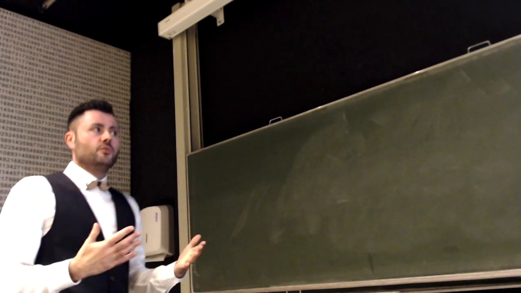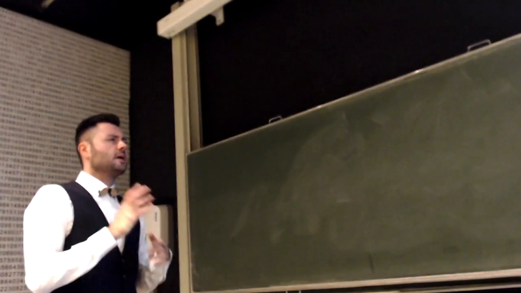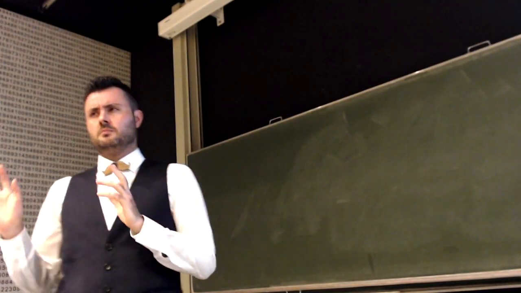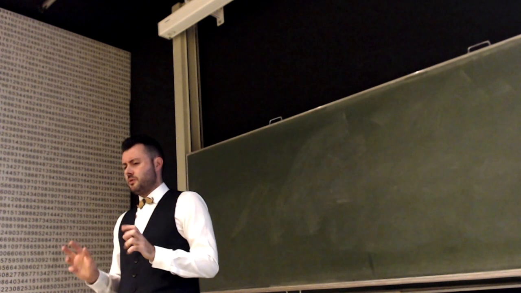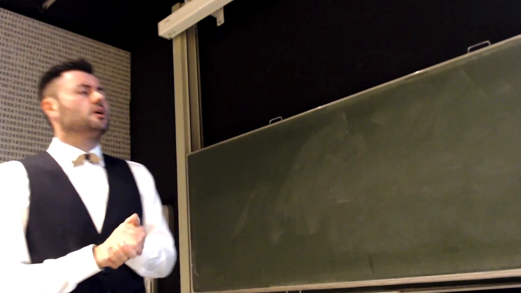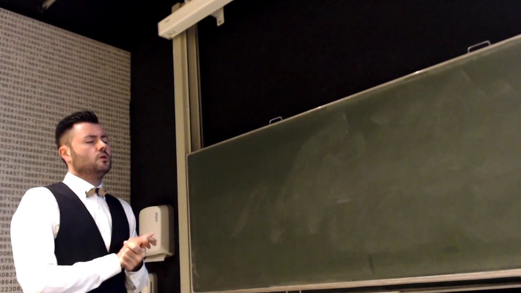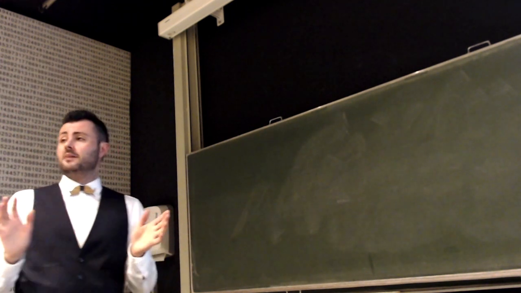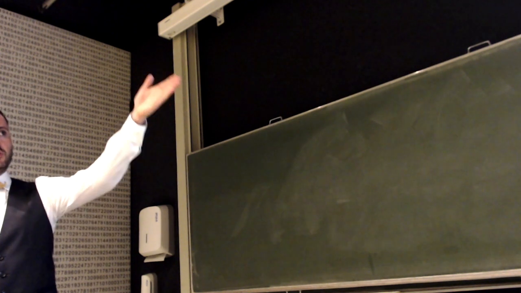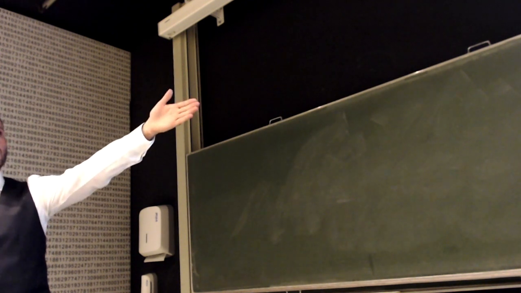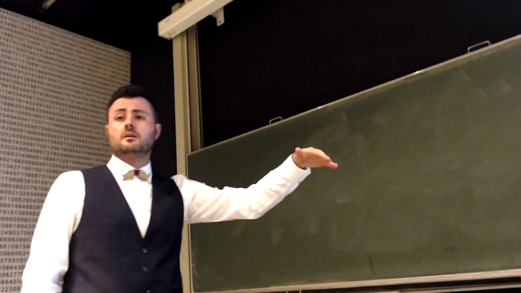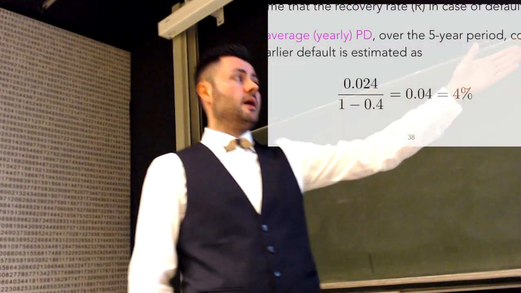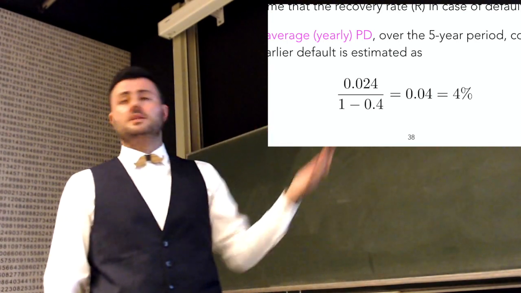You have that the average yearly probability of default, sometimes they call it default rate, but from a statistical point of view that is not correct, so I think average yearly probability of default is more reliable as a definition, over the 5 years, is simply given by the ratio of the CDS spread, 0.024 as decimals, divided by the loss given default, so 1 minus the recovery rate, which is 0.60.